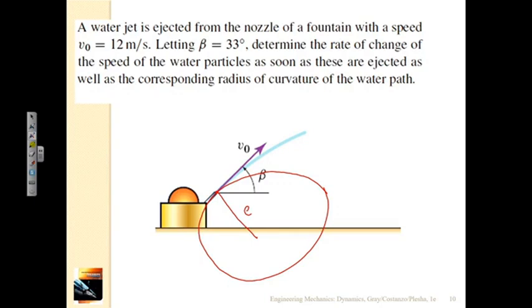So our acceleration is v dot in the tangential direction plus v squared over rho in the normal direction. So imagine this is my water. It shoots out like this, and then it splashes down over here.